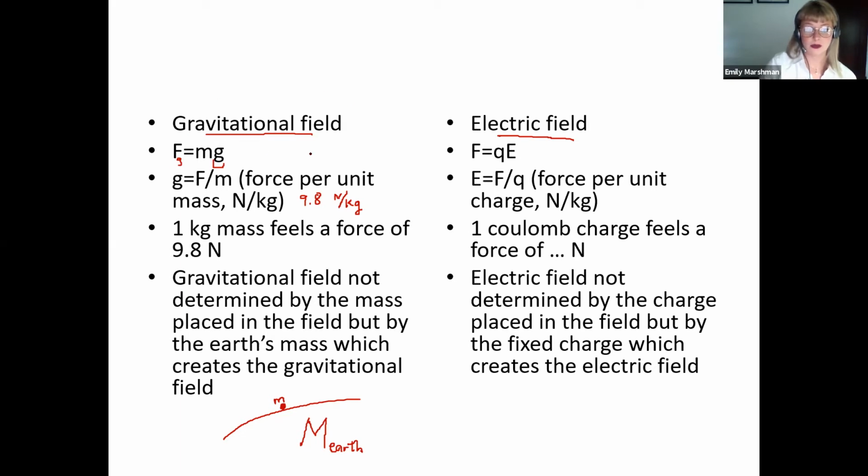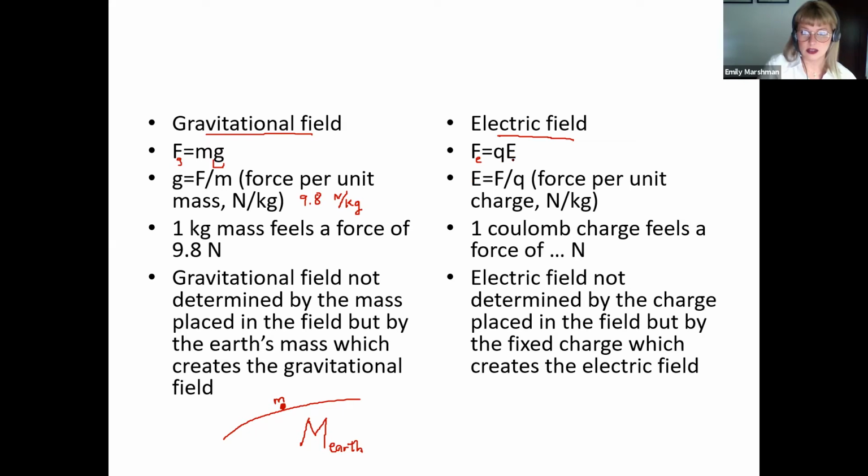So think about the gravitational field being created by the mass of the Earth. Now let's relate that to the electric field. The electric force on a particle inside an electric field is equal to the charge on that particle, Q, times the electric field.